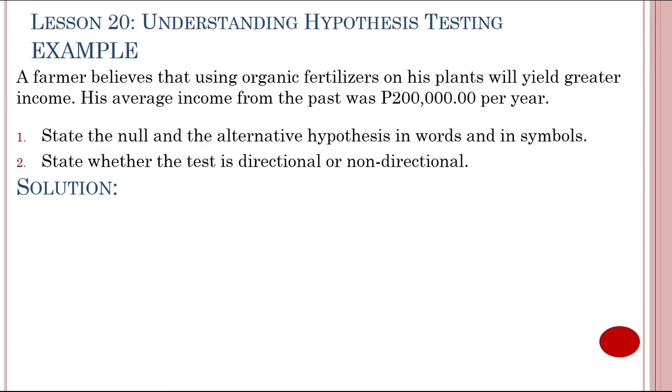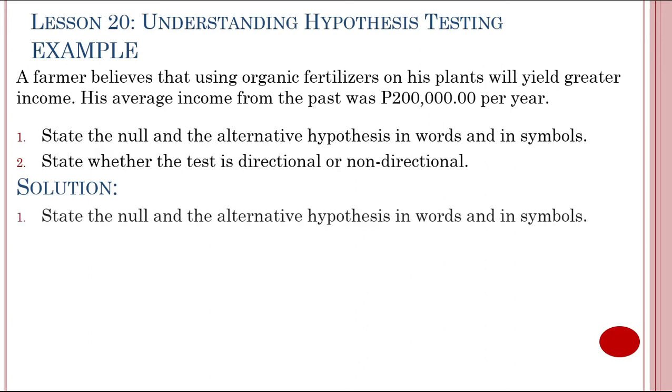Okay. So, base dito sa una, let us state the null and the alternative hypothesis in words and in symbol. So, ano bang una natin mapapansin? Tingnan natin ito, analyze natin itong problem. His average income from the past was 200,000 pesos per year. So, pwedeng ito yung maging basis natin.